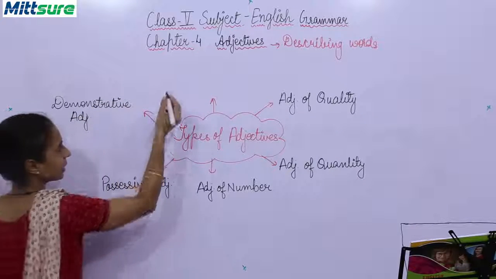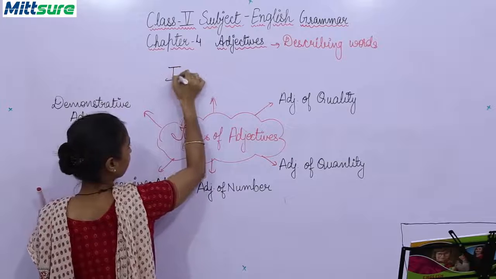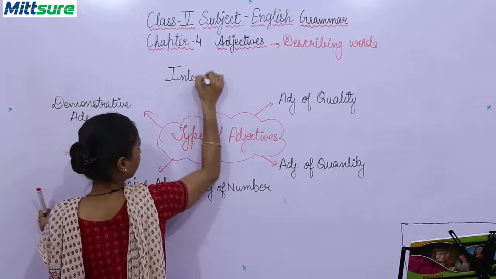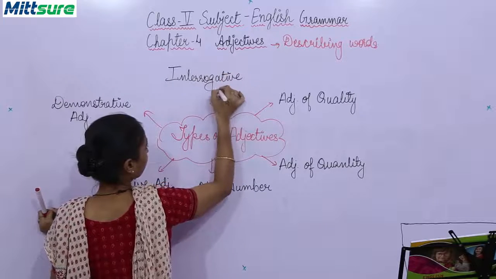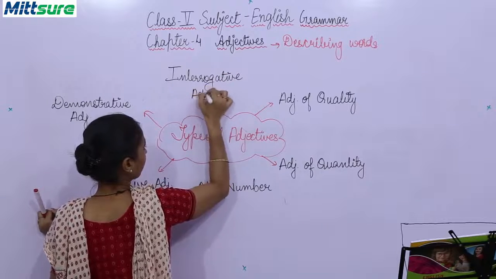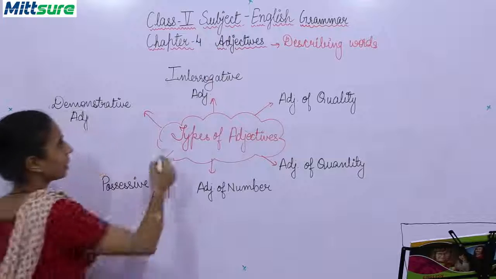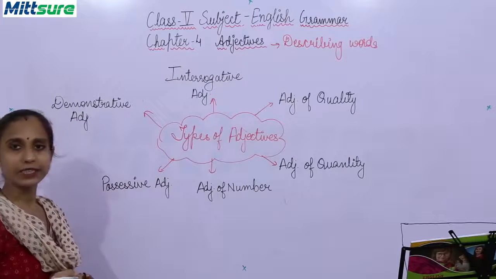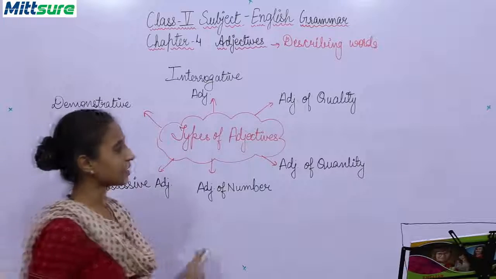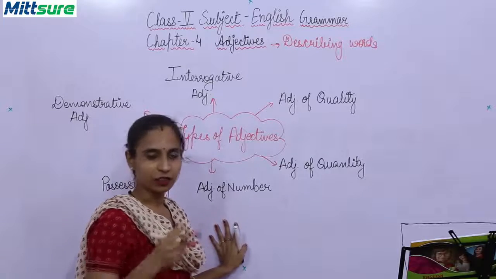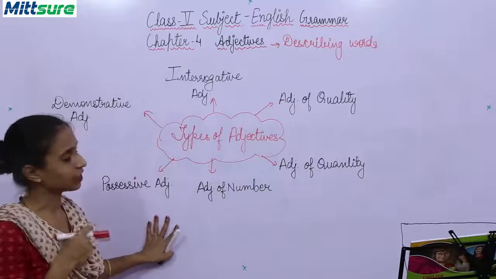And the last one is interrogative adjective. These are the 6 kinds of adjectives. Alright, let us discuss all the adjectives one by one.